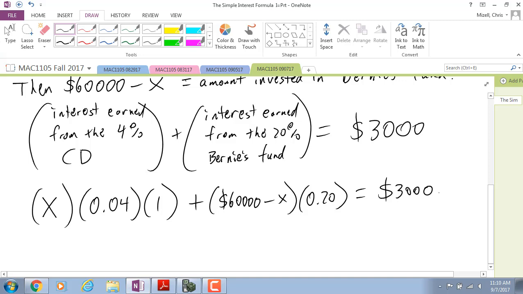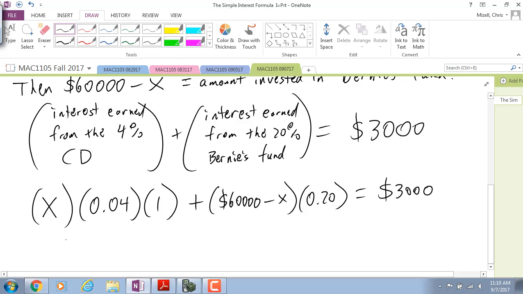Can we solve this equation? Can we do this? Let's go ahead and hang on to the decimal places. Typically decimals are a lot easier to deal with than fractions. If we wanted to multiply both sides by 100, we could eliminate the decimals, but the numbers get really, really large. So I think just deal with the decimals the best way we can.